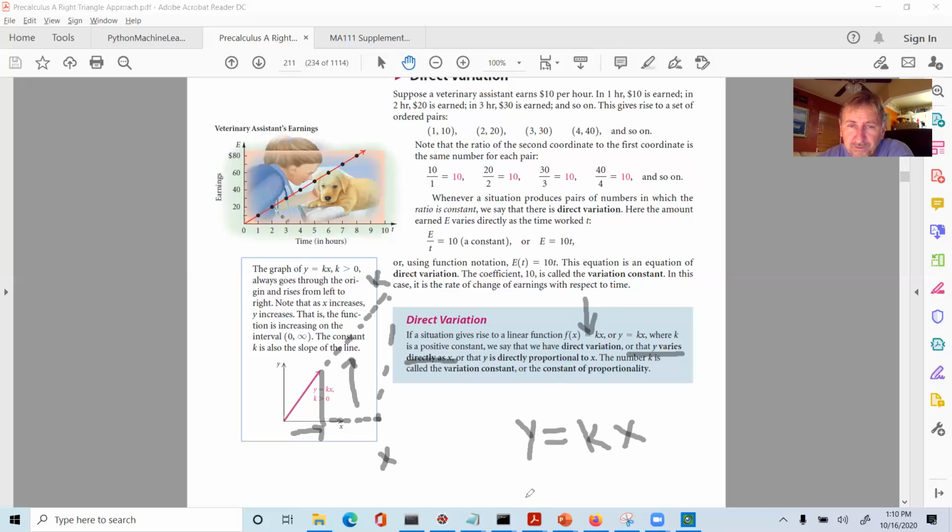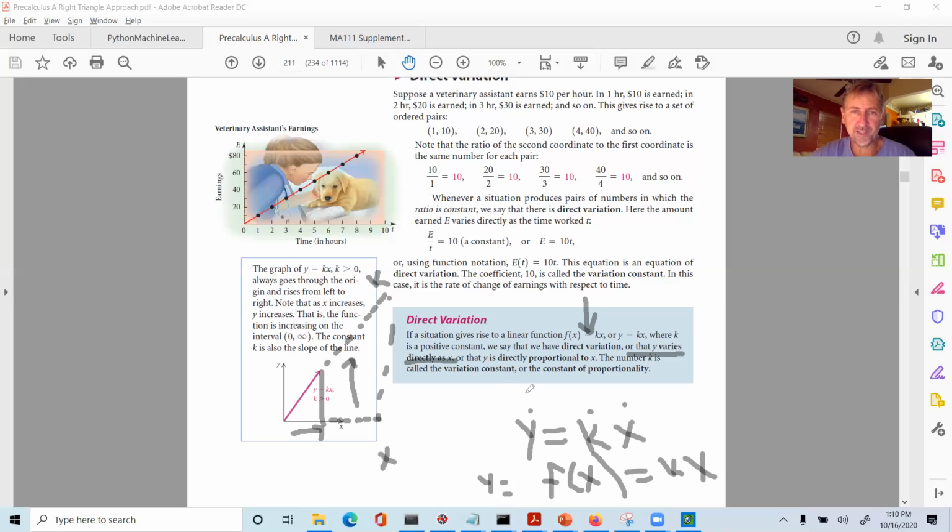We say there's some function of x where the value varies directly as x increases. That's my y value, but we say f of x. So then we plug in some x into the function. We know k and we compute y.